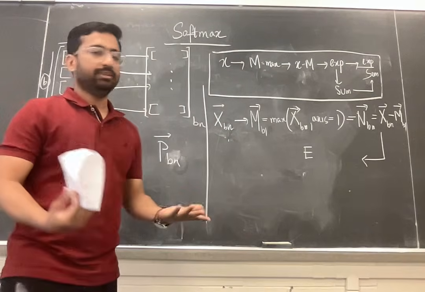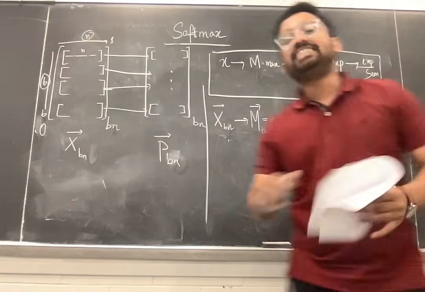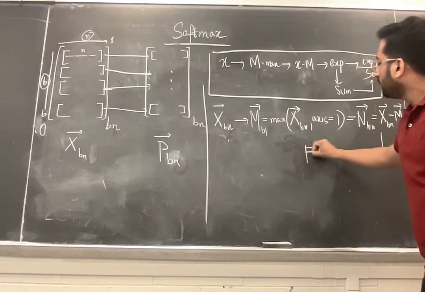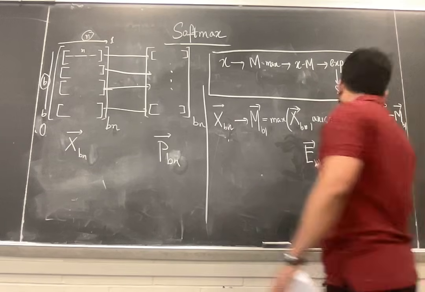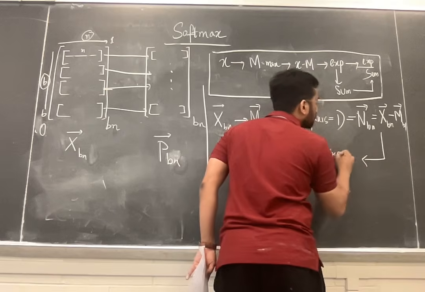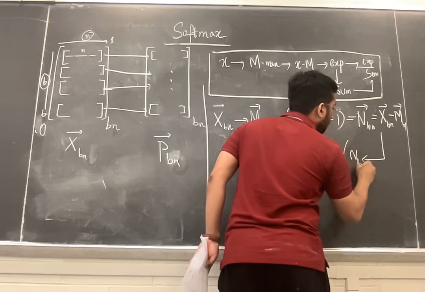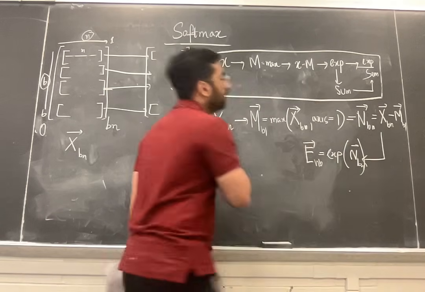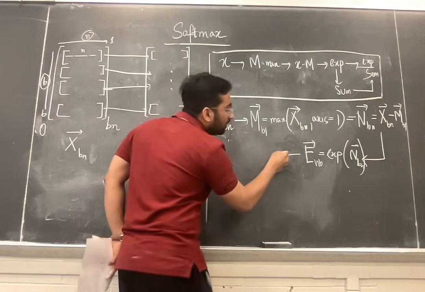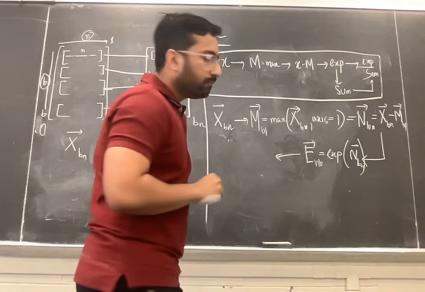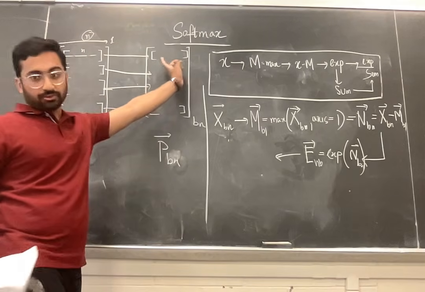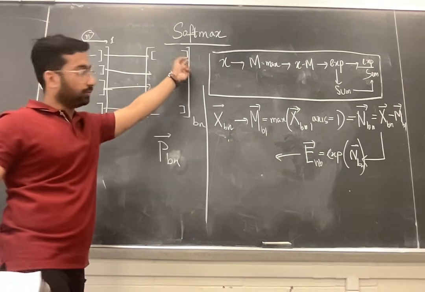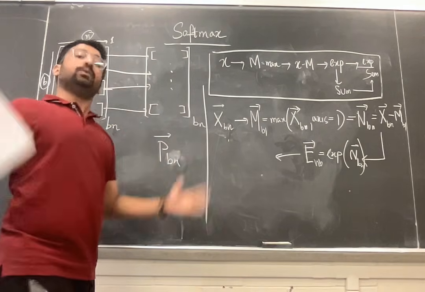So E, again a tensor of BN, is equal to the exponentiation of the entire BN tensor. And then we are doing the summation. Again, the summation is along each of the rows, along axis 1. So axis 1 is getting reduced.